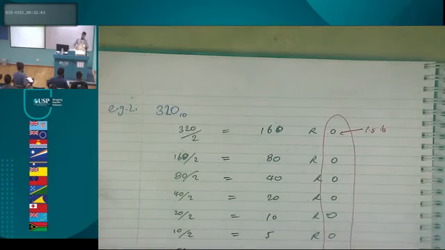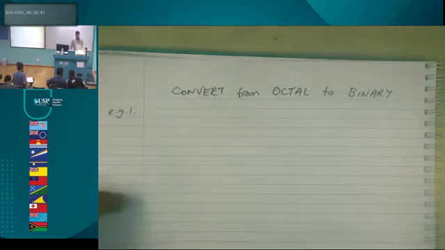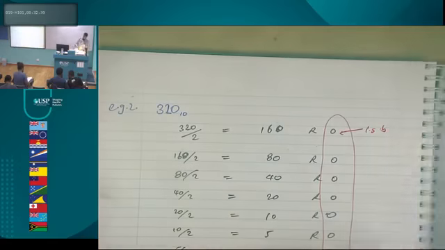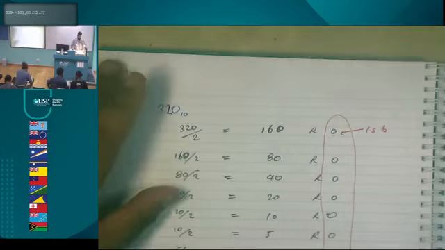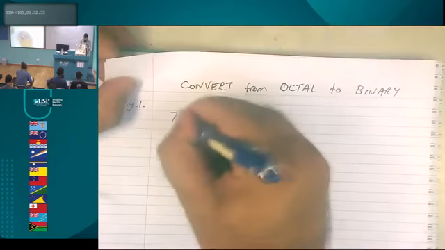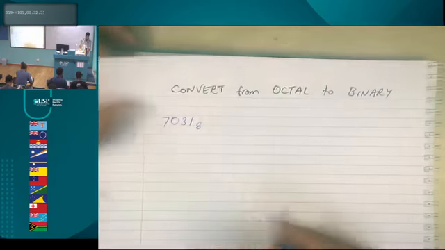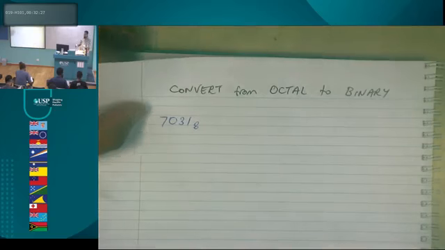Okay, this one, 7031 base 8. That's from somewhere early on. We did it. I can see it over here. 7031 base 8. Right? Okay, and we want to convert that to binary.